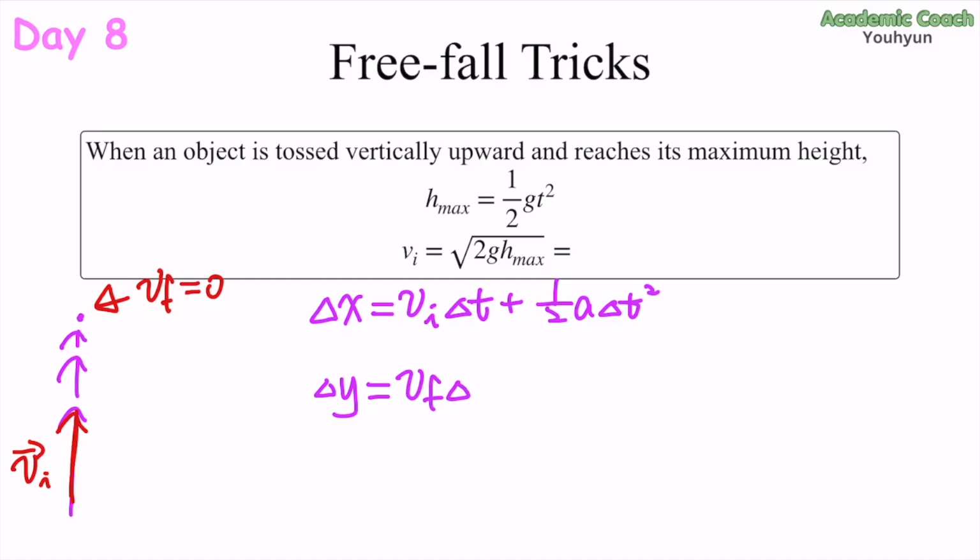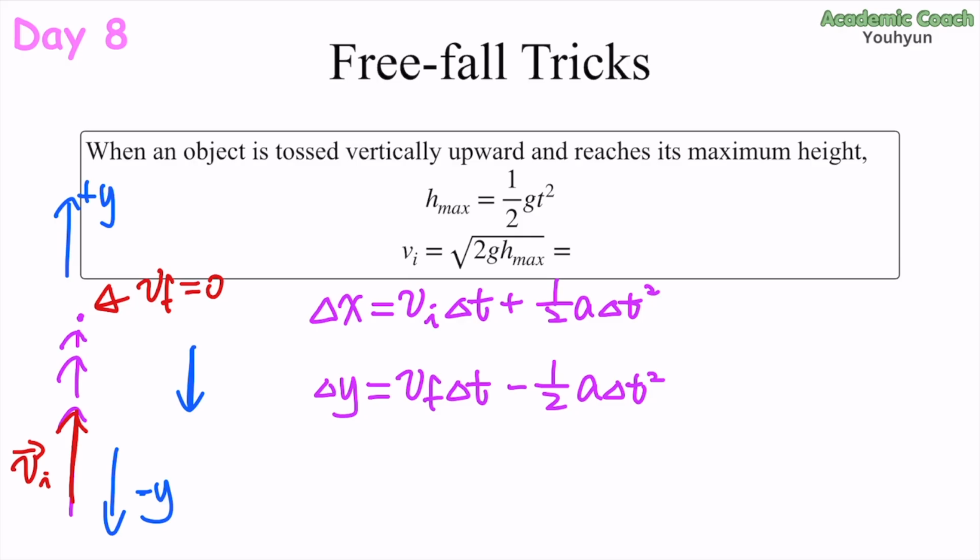If I use v final, then it's subtraction of 1/2 a t squared. Since it's an upward motion, we are going to take upward as the positive direction and downward as the negative direction.